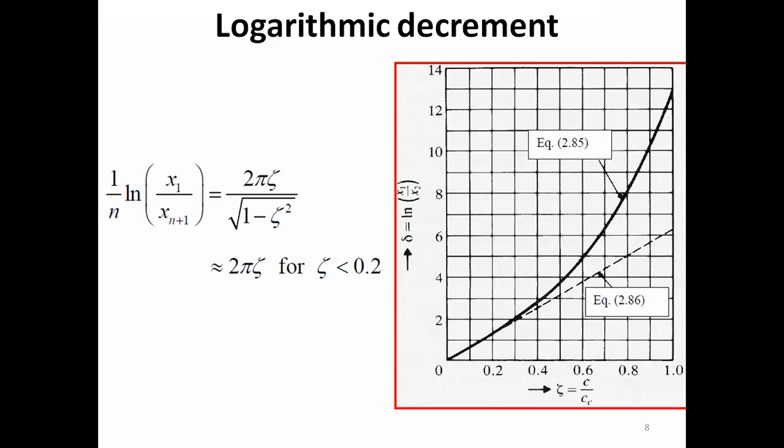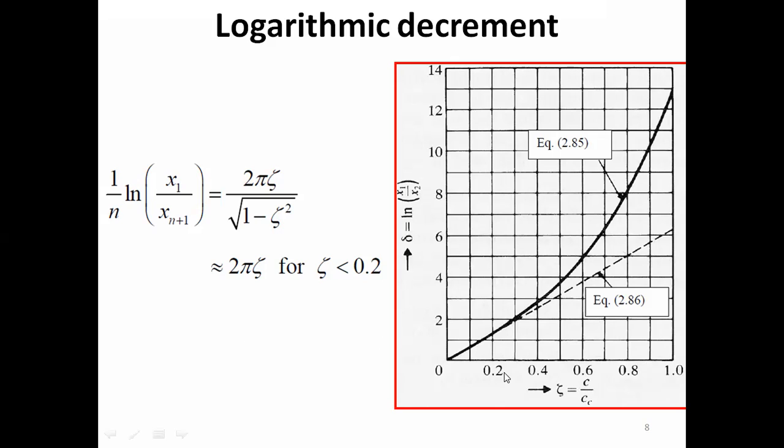So you would get the same values from both of the models up to 0.2. We would get the same value from both of the plots up to 0.2.